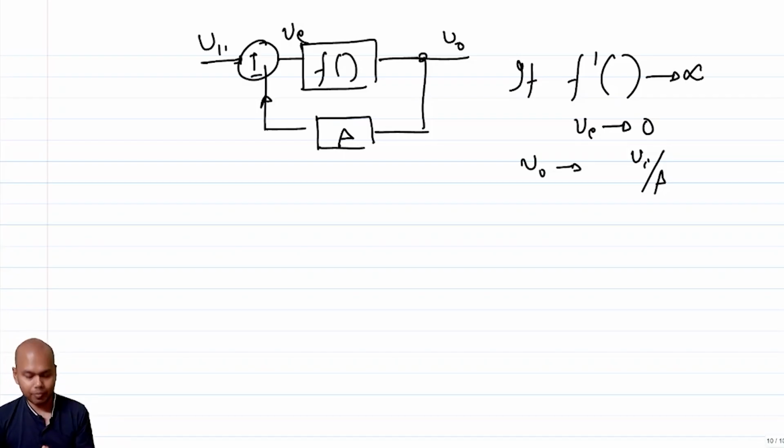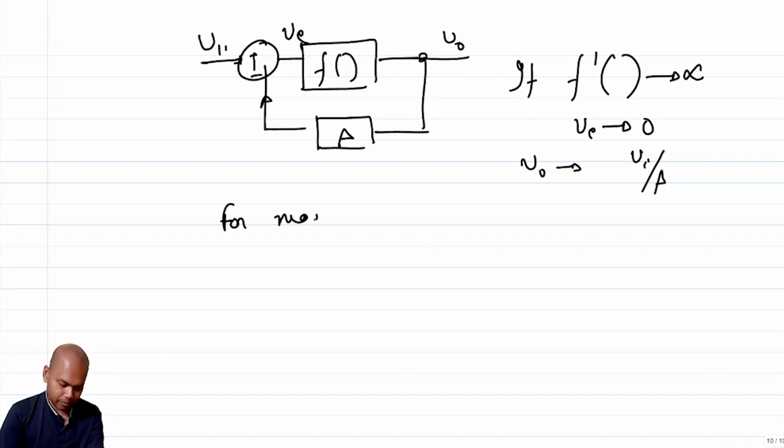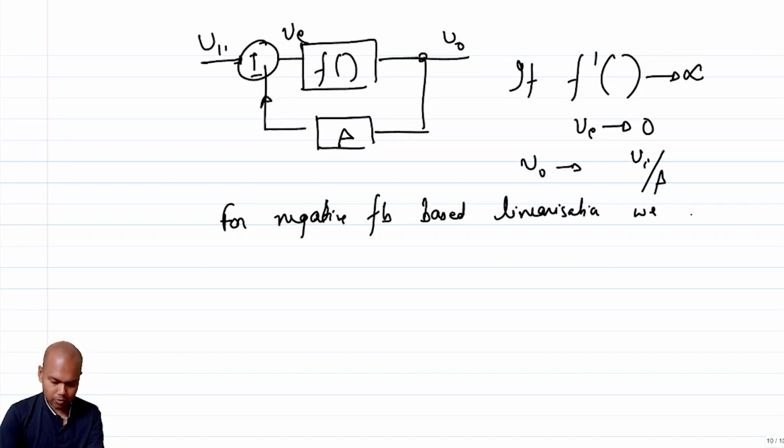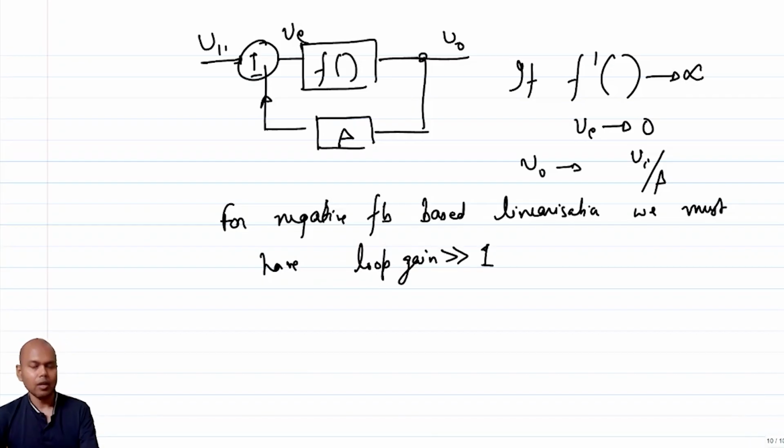But the key problem here is that in order to have negative feedback based linearization, we must have loop gain be much greater than 1.